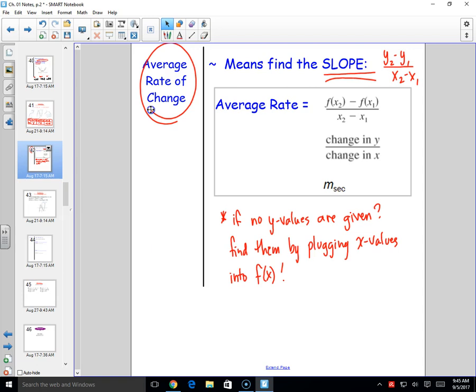Our objective, if they don't give us y values, is to find the y values. They give us x's, they don't give us y's. They're going to give you a function. So you're going to take your x's and you're going to plug them in and find the y's yourself.